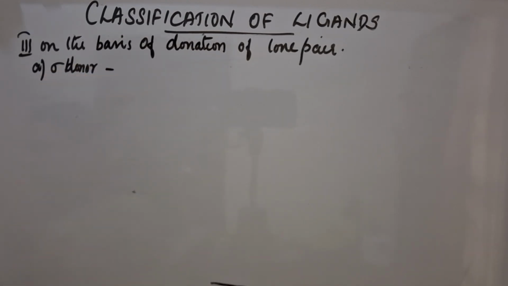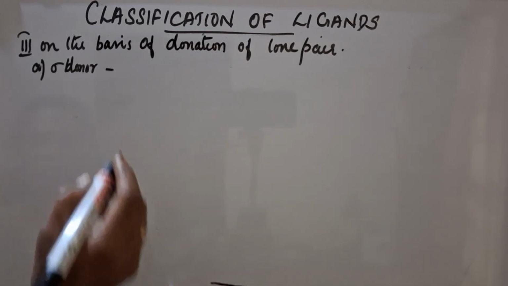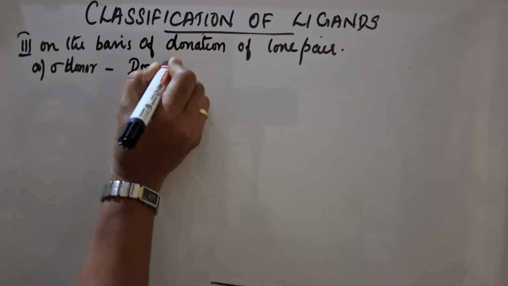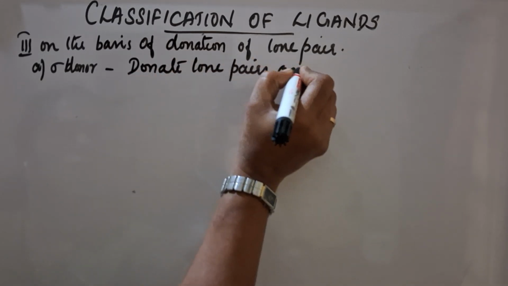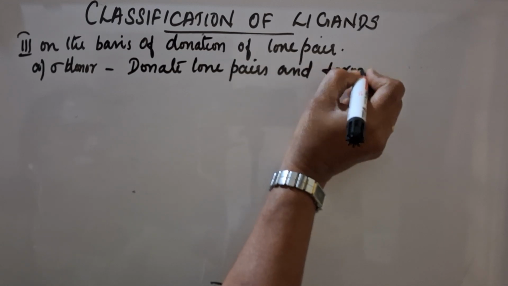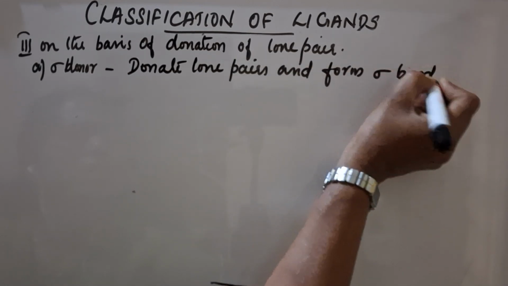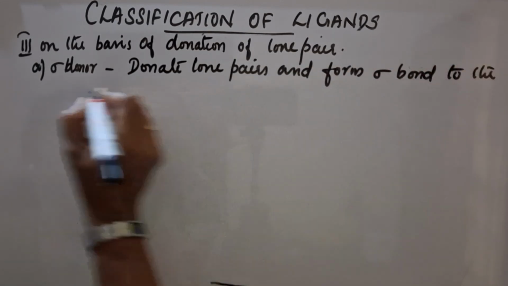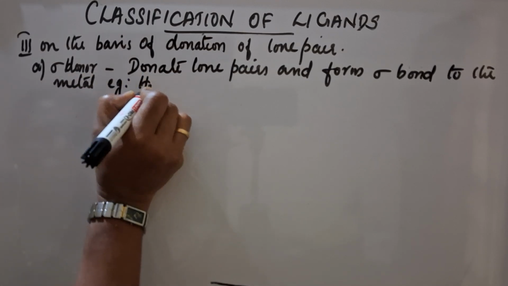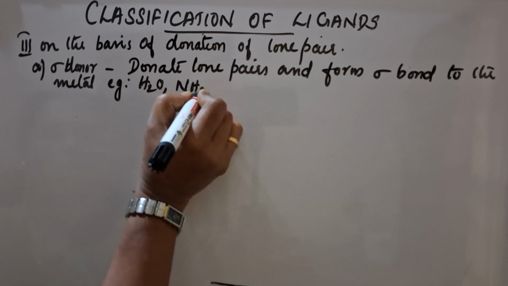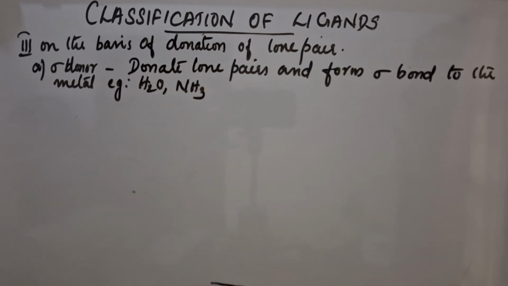In this case, ligands donate lone pairs and form a sigma bond to the metal atom. Examples are H2O, NH3, etc.